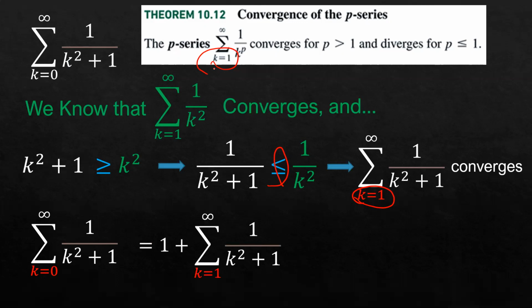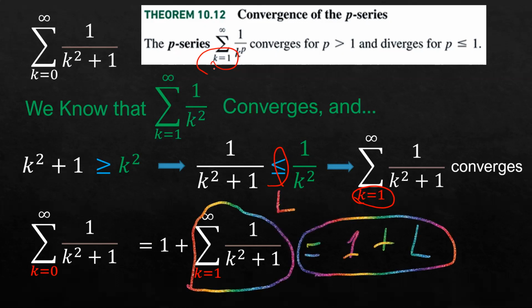So this series starting at index 0 is just 1 plus the series starting at 1. And we had just said that the series starting at 1 converges to some number, so let it be L. Then the series we are looking at converges to 1 plus whatever L is. Now, we don't have to do that justification every time, but you can see why the starting point in this case is a minor issue, and we can make that adjustment.